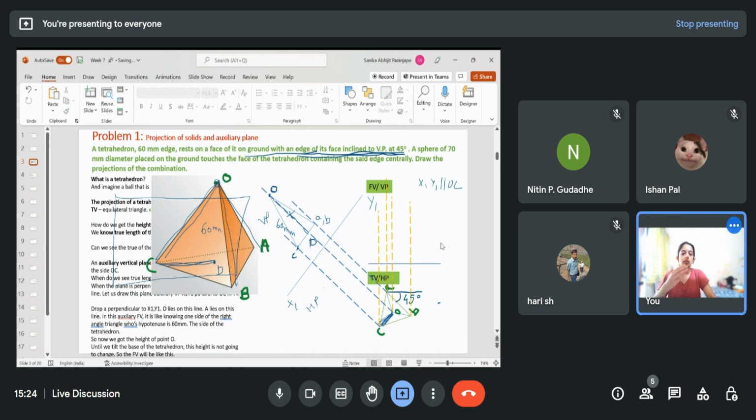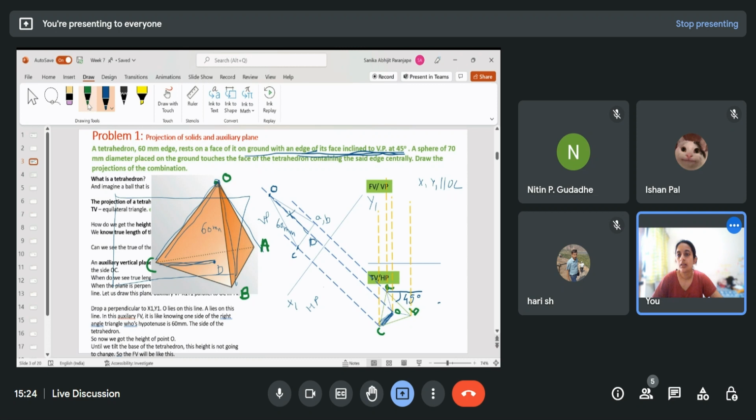Now what they have mentioned is the base is on the horizontal plane. So what is the distance from the horizontal plane? 0. What does it mean in the vertical plane when we see the base ABC? Where will the base be? The base will be on XY itself here.